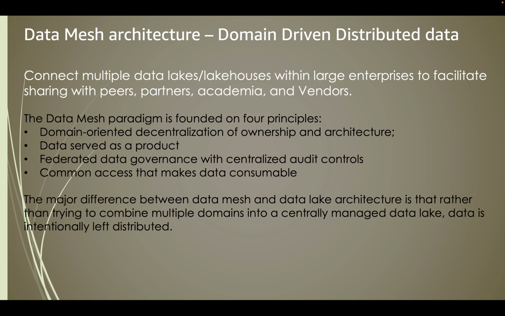So the major difference between data mesh and data lake architecture is that, rather than combining multiple domains into a centralized place, it is intentionally left distributed. It also helps to share data across peers, partners, academia, and vendors.